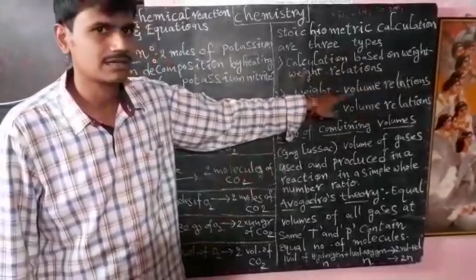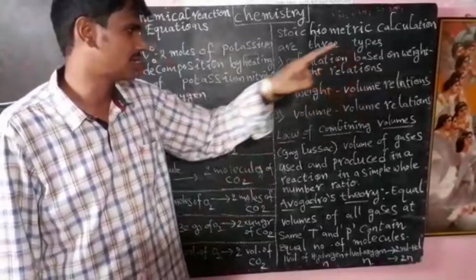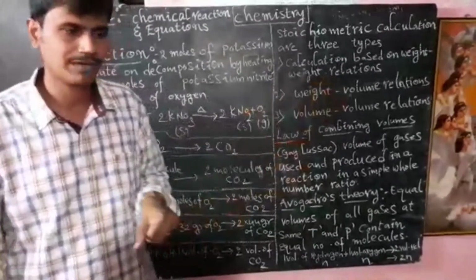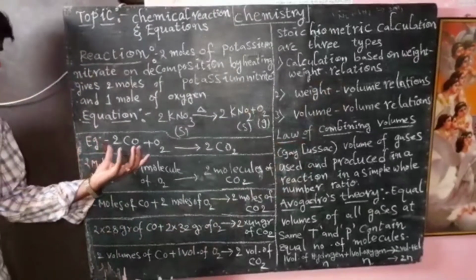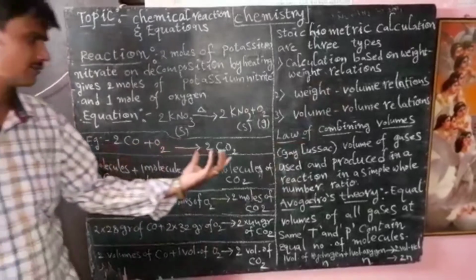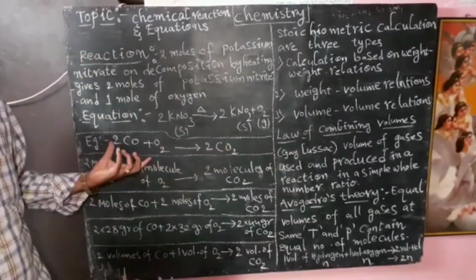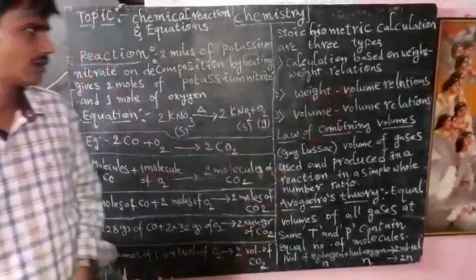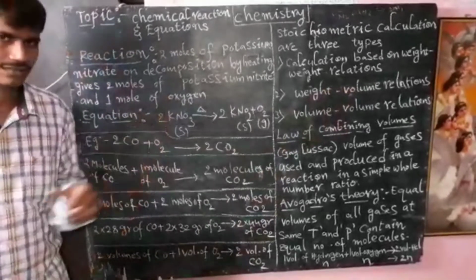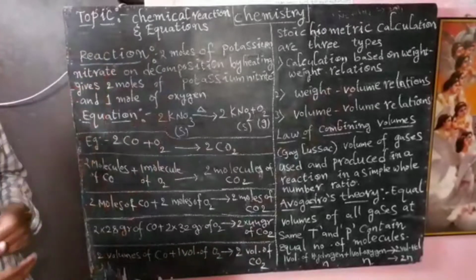If the products are gaseous substances, we have to take volume. Okay, volume relationship means, like we took in this example, both the reactants and products are gaseous substances. That's why in that condition we have to take volume relation. So this is about types of stoichiometric calculations.